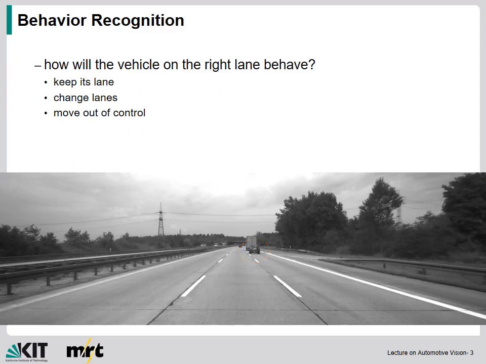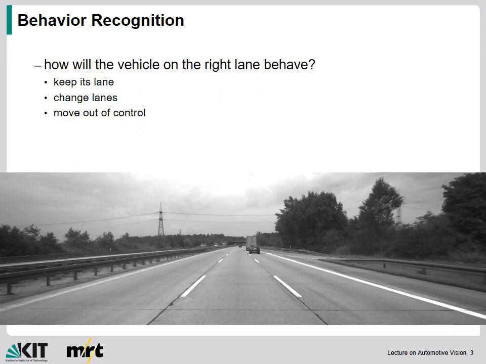So you might make a guess. What happens in this situation? Will the vehicle overtake the lorry and change its lane before the ego vehicle arrives at the respective position, or will it stay on its lane and stay there at least until the ego vehicle has passed?